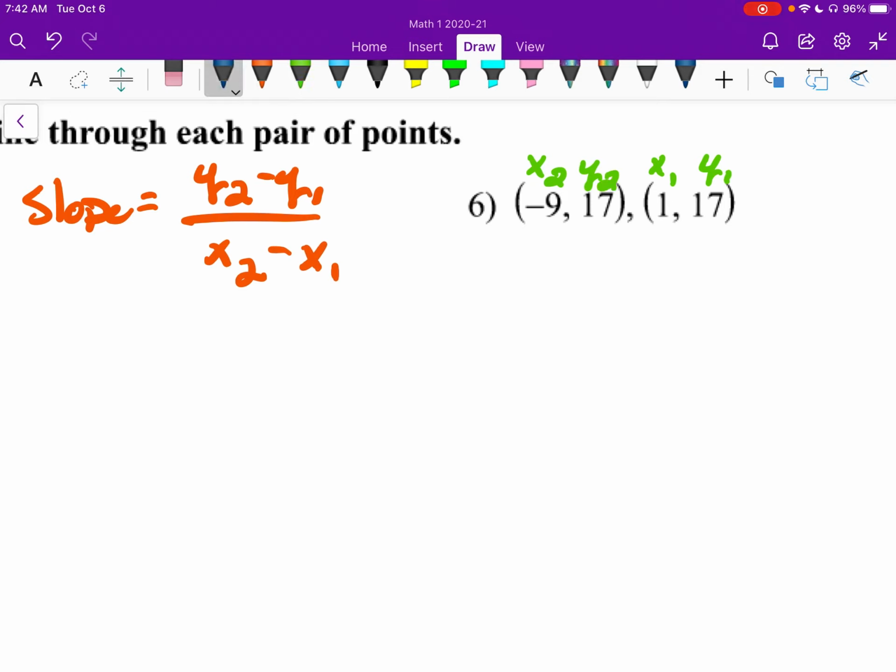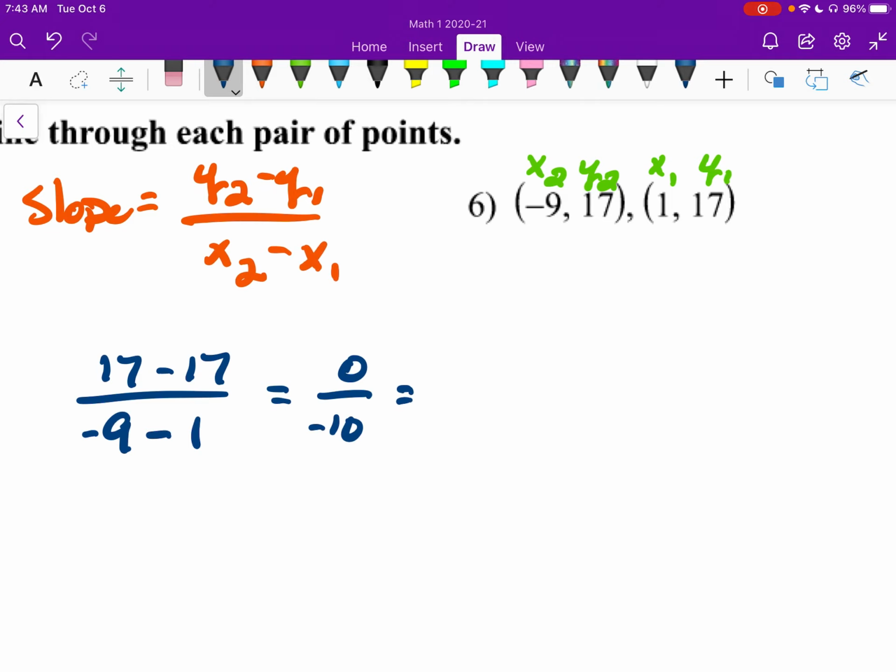So I have y2 minus y1, 17 minus 17, over negative 9 minus 1. Well, 17 minus 17 is 0, and negative 9 minus negative 1 is negative 10. Well, 0 divided by anything is 0. So our slope is 0.